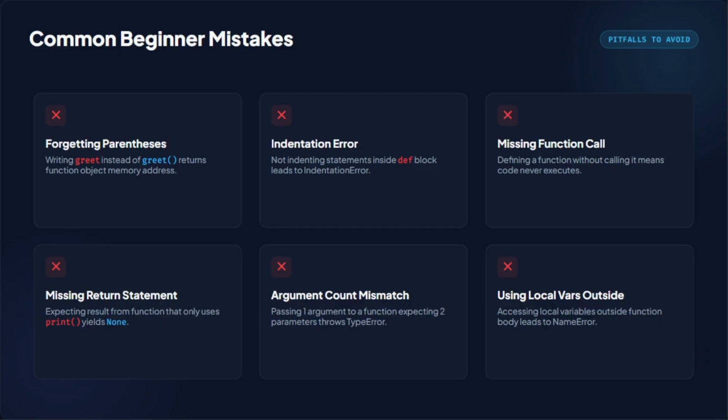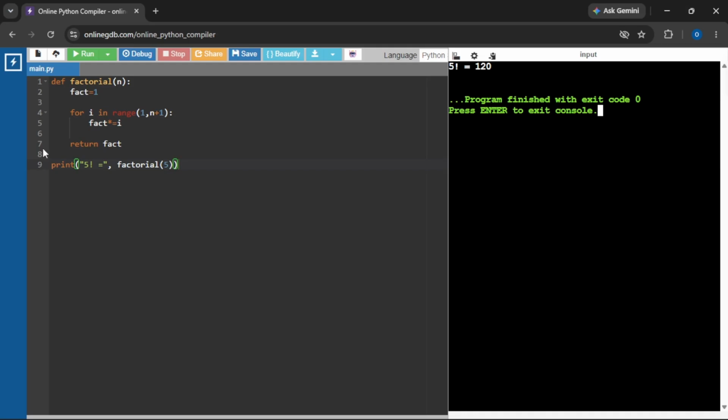First mistake is forgetting about the parenthesis. So suppose we write only factorial and forget about the parenthesis here.